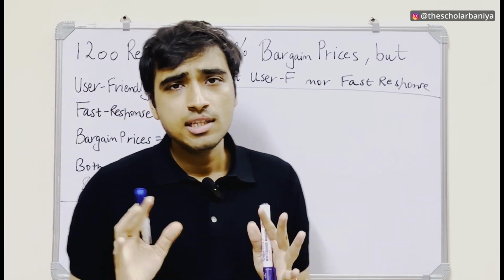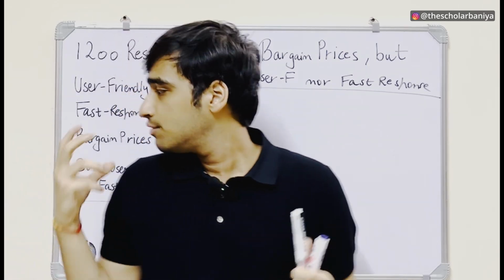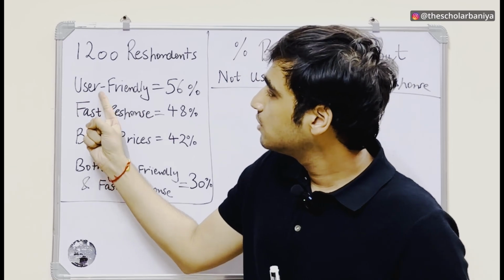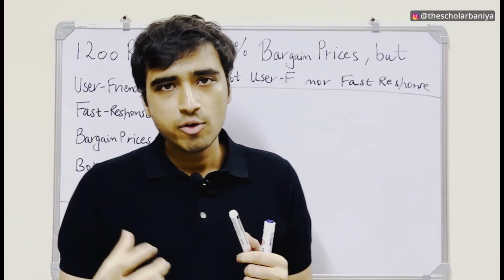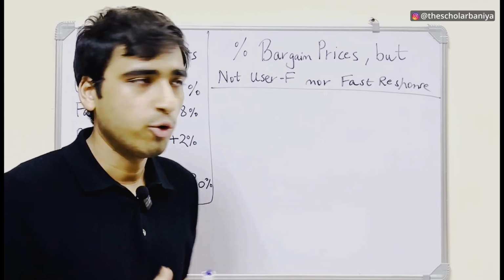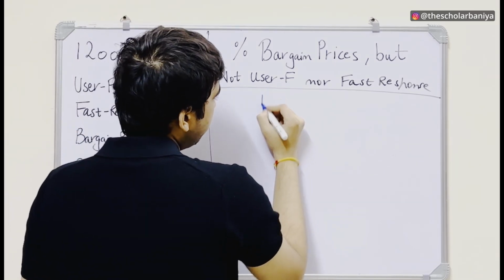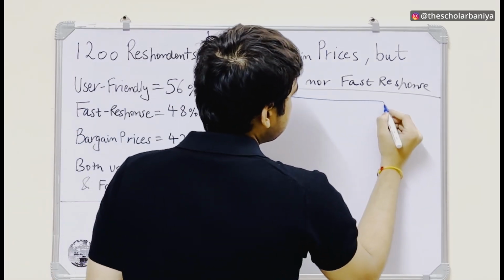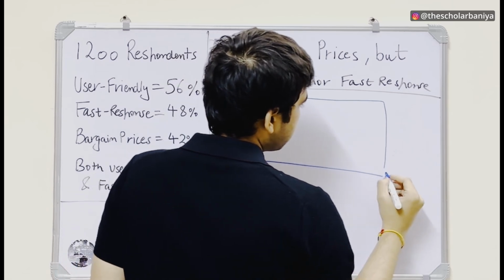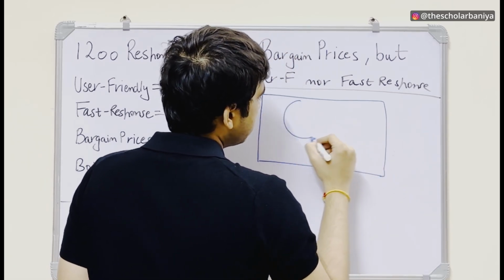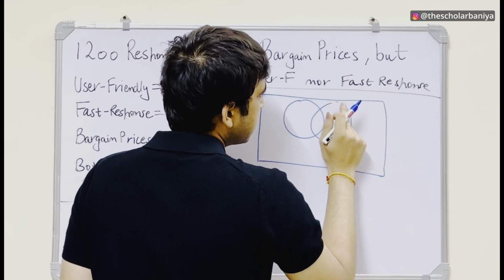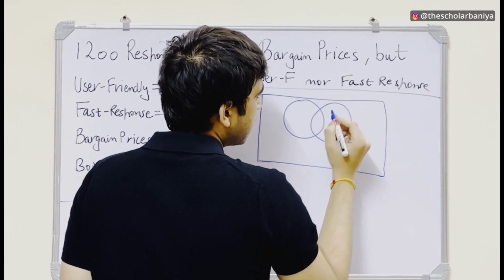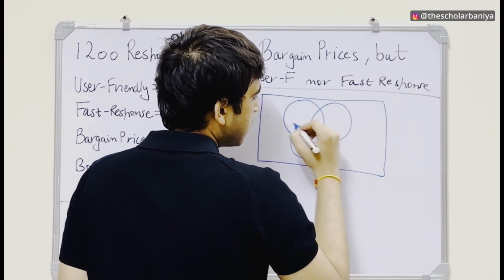So again, in all these kinds of questions where we have three instances, for example, user friendly, fast response, bargain, we take the help of Venn diagrams as we have discussed before. So this is 1, this is 2, and this is 3.